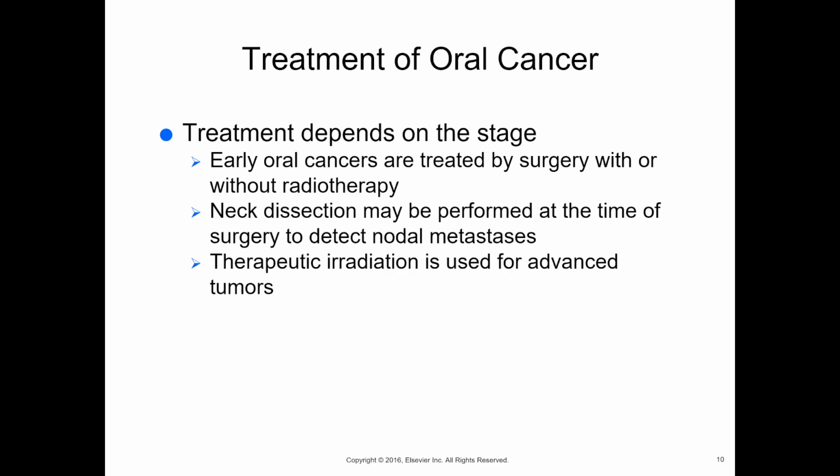A lot of times, people let this lesion kind of fester, and they finally say, okay, this is starting to cause real problems. Get it looked at. It gets biopsied. They have cancer.